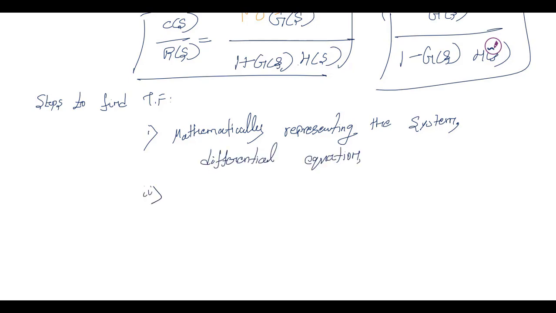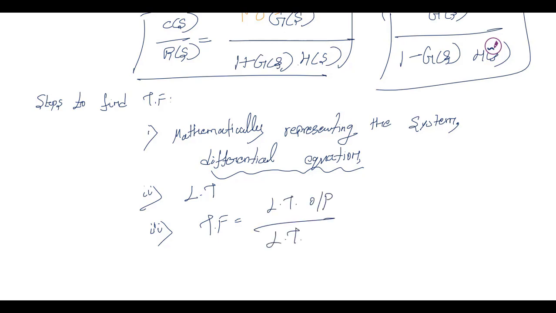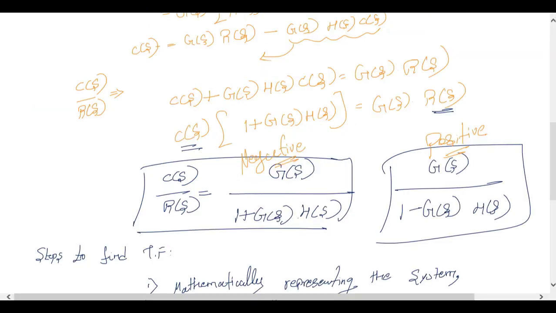The next step is taking the Laplace transformation of the differential equation, and from the Laplace transformation we find the transfer function. Transfer function is nothing but the Laplace transformation of output divided by the Laplace transformation of input. So this is how we define the transfer function of open loop control system and closed loop control system.